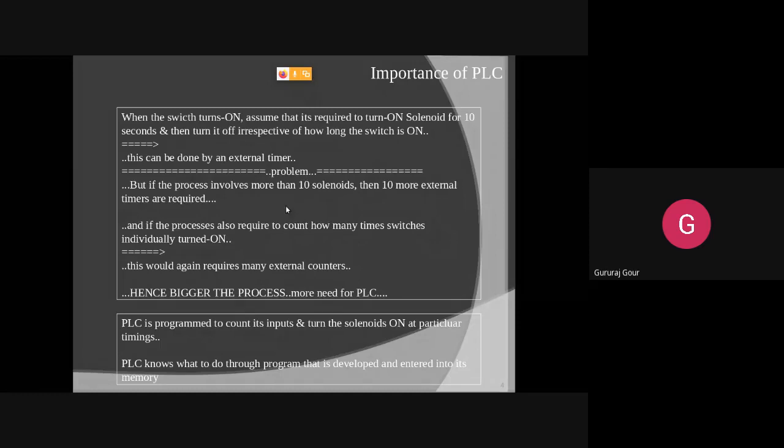Okay. So what is our starting problem? The starting problem is, you have only one switch and you are going to turn on the solenoid.